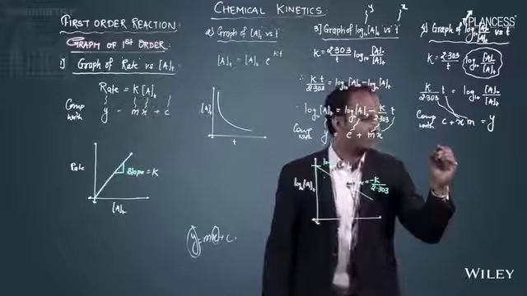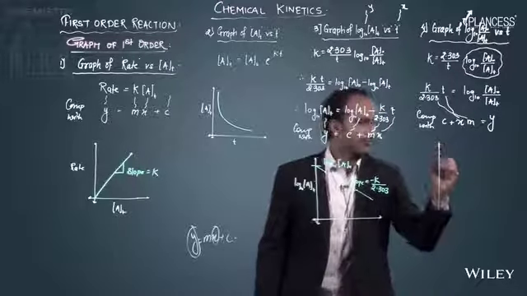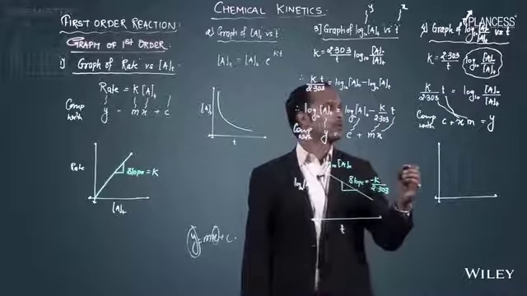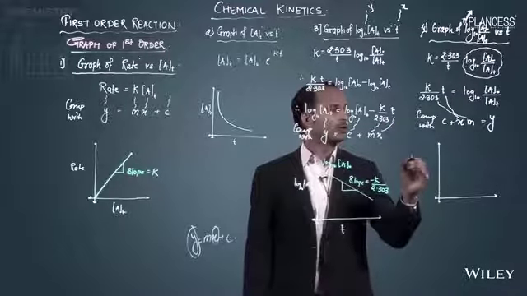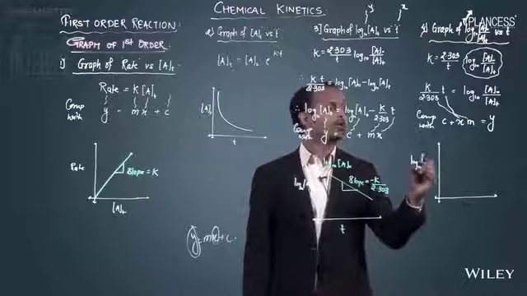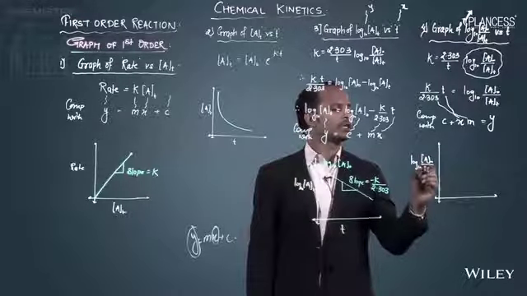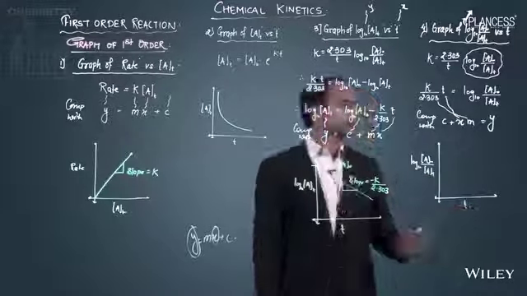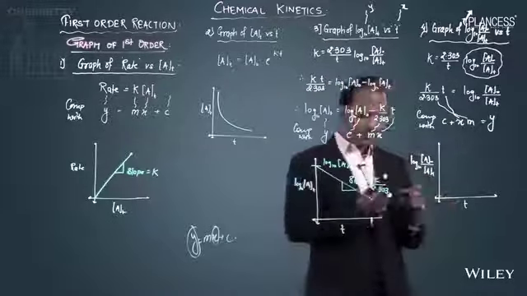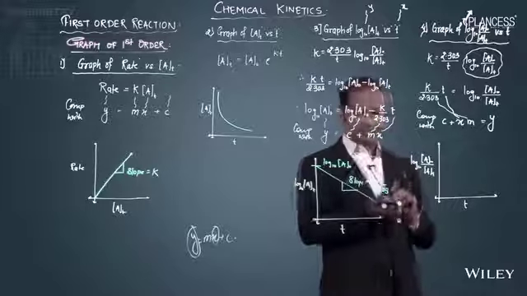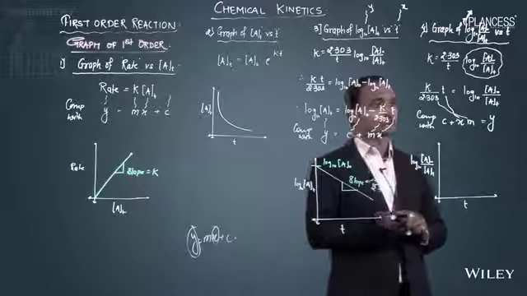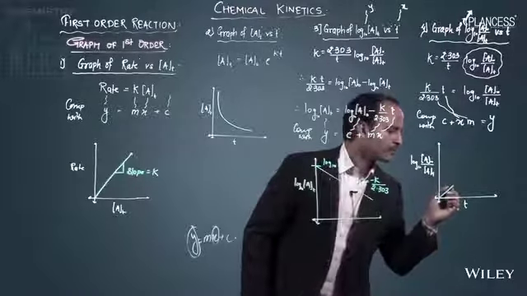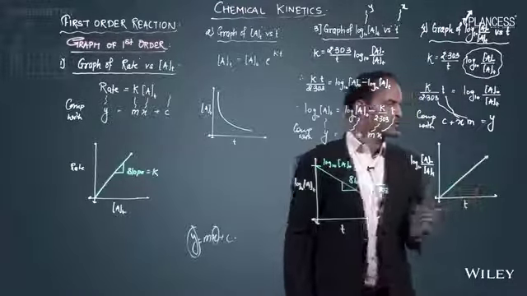So here we will have a graph of log to the base 10 a naught upon at versus time. The nature of the graph is going to be again a straight line. The y-intercept c is equal to 0. It means the line is passing through the origin. So this is the nature of the graph.